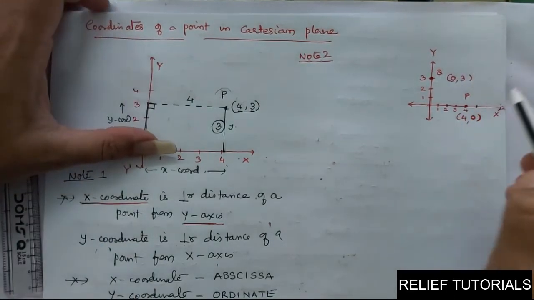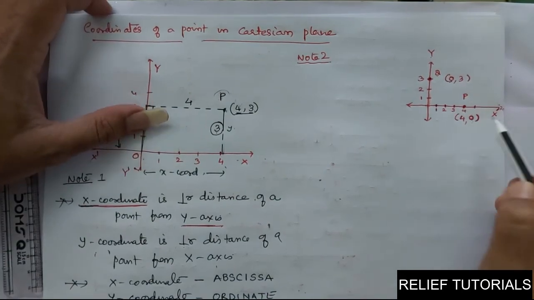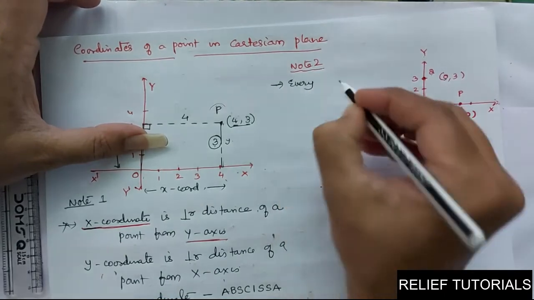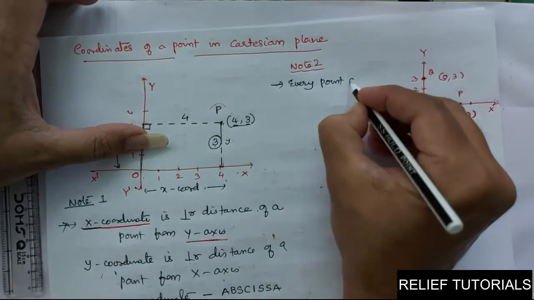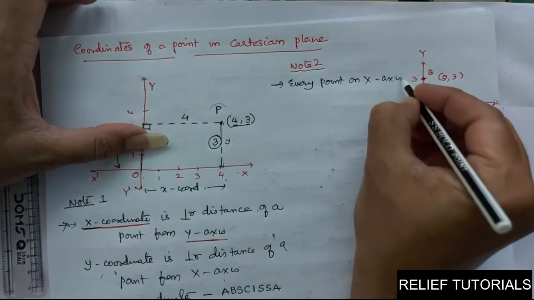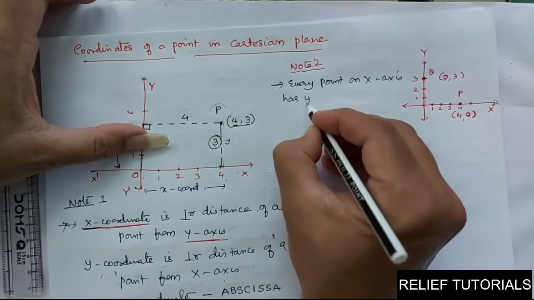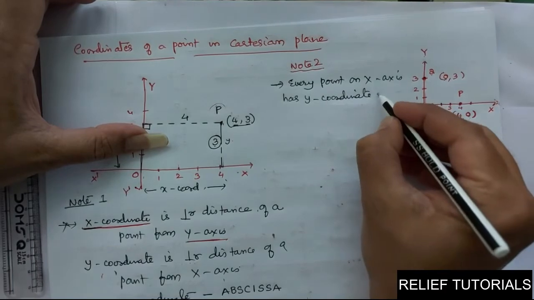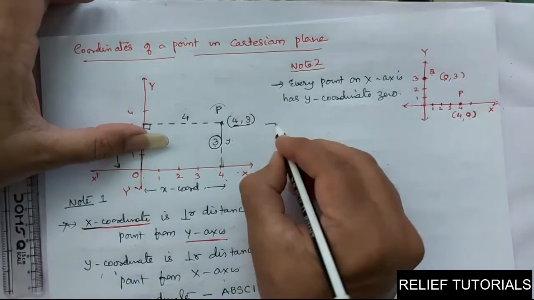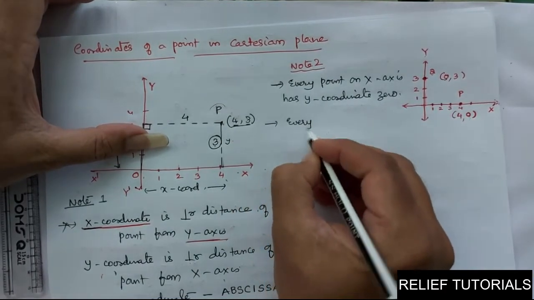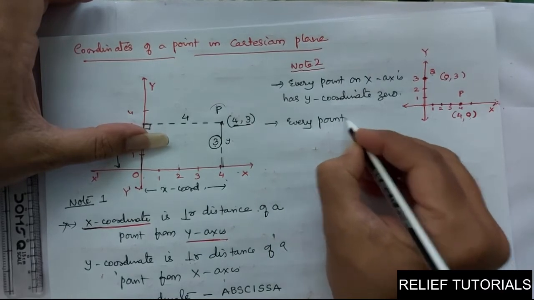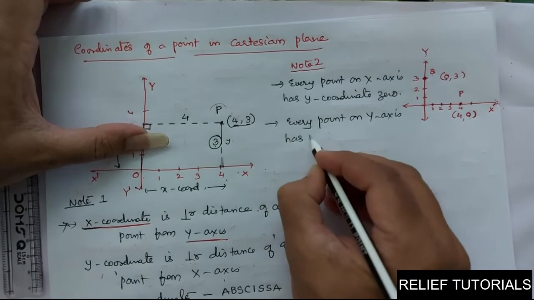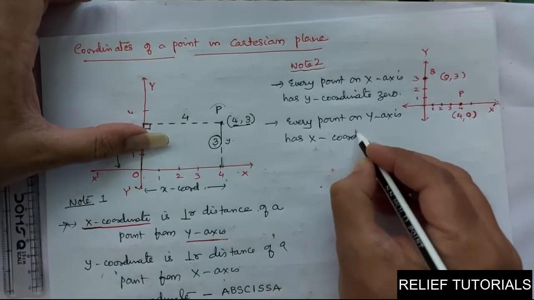So every point on the x-axis has y coordinate 0, and every point on the y-axis has x coordinate 0.